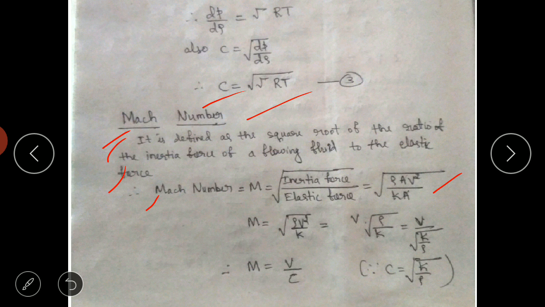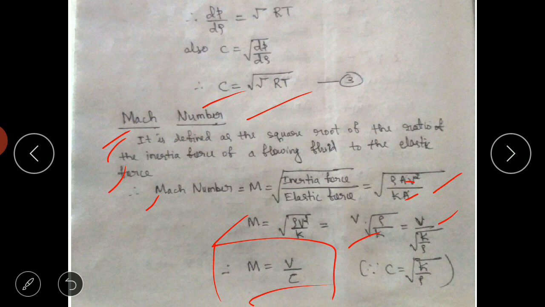So M is equal to, the area gets cancelled from numerator and denominator, so we get rho v squared divided by K. As the v squared term is there, you can take it outside, so v into square root of rho by K. You can modify this equation and write it as v divided by square root of K by rho. We know that square root of K by rho is c, so we get this modified equation.